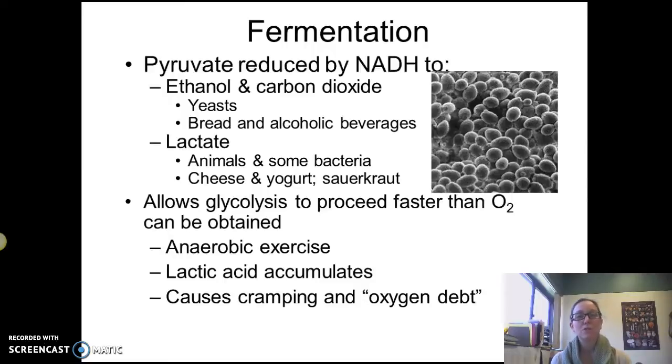And they will produce carbon dioxide, which will bubble up, and they will produce alcohol. This happens when we bake bread, if you use yeast. You might mix the flour, which is starch, a polysaccharide, with water and salt and yeast.